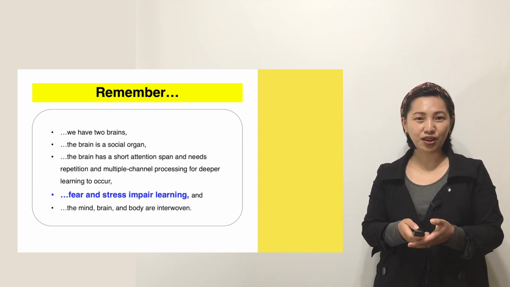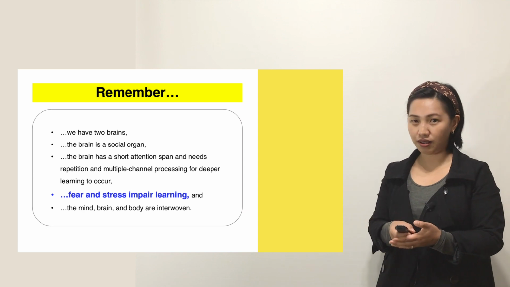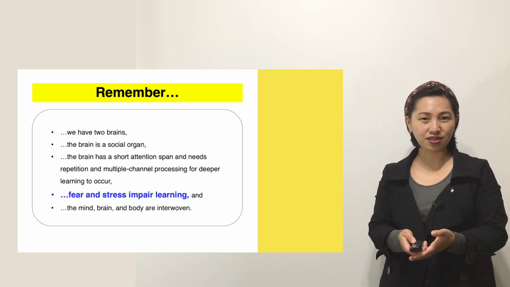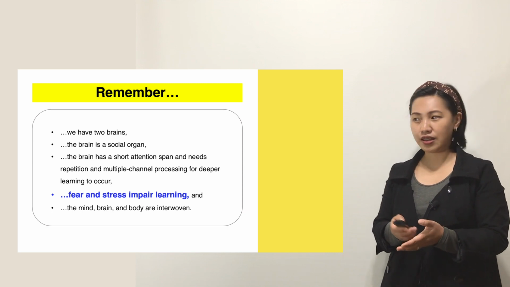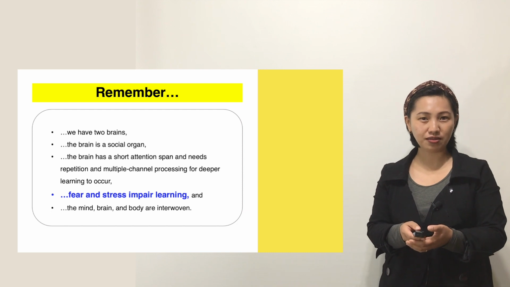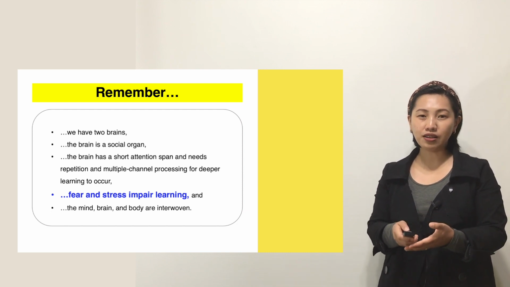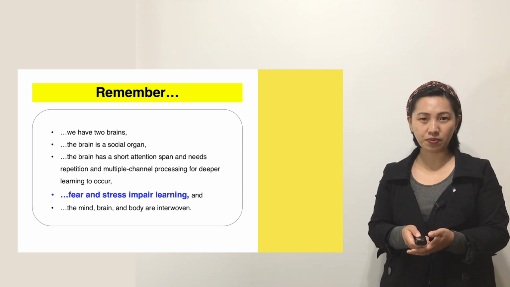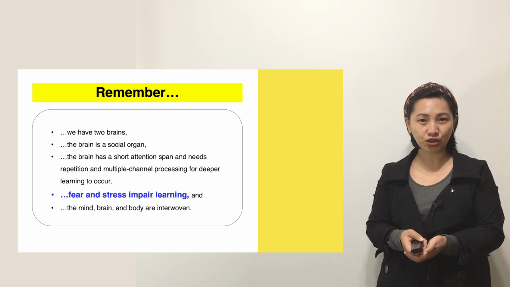A part of the brain which we call the amygdala, you heard that word in our pop quiz on the brain in the first part, right? The amygdala naturally responds to the feeling of fear and will shut down some functions of the brain.